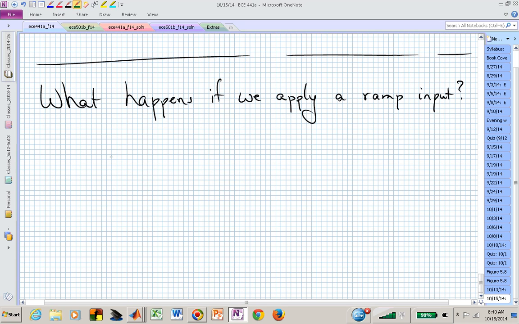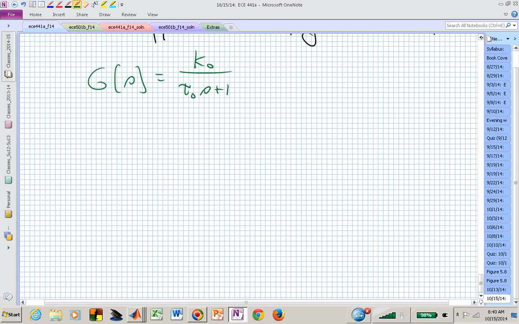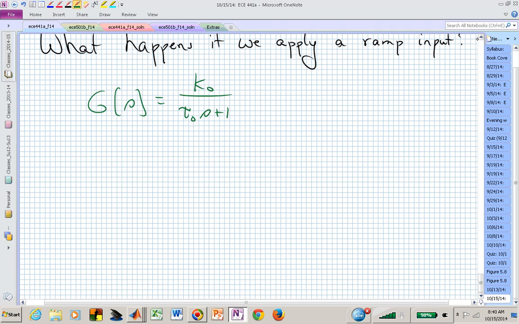What if we now said, let's go back to some of those earlier systems, let's say a first order system with a DC gain of K sub 0. We can still think about the steady state error, can't we? And the steady state error is still, we haven't changed the block diagram whatsoever.